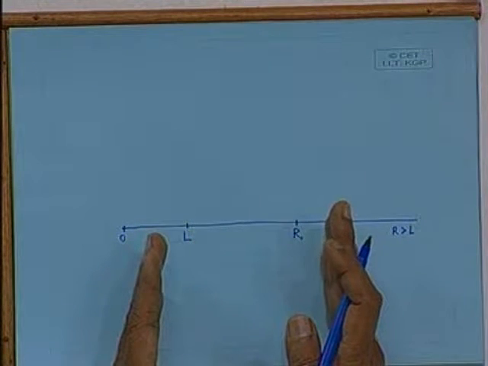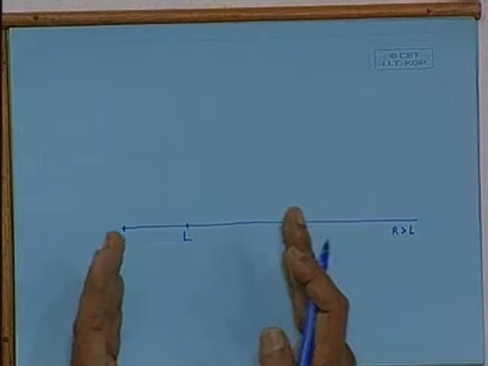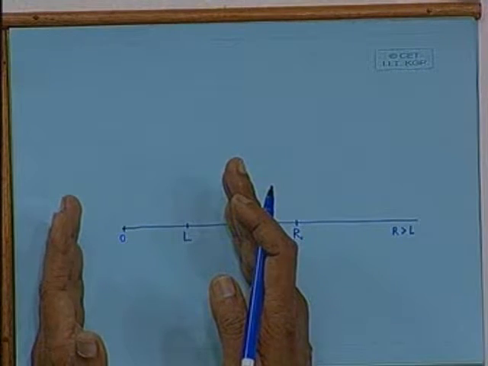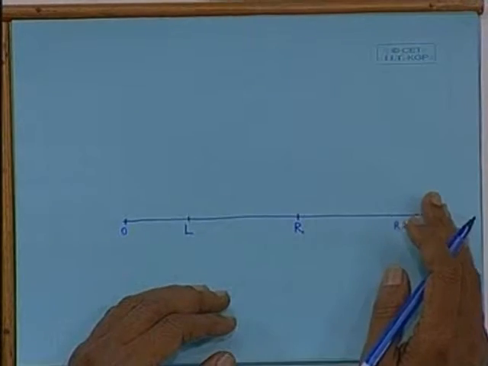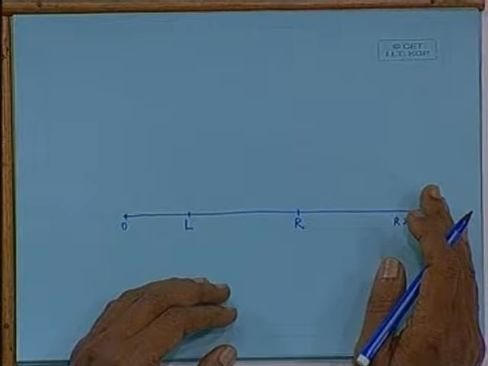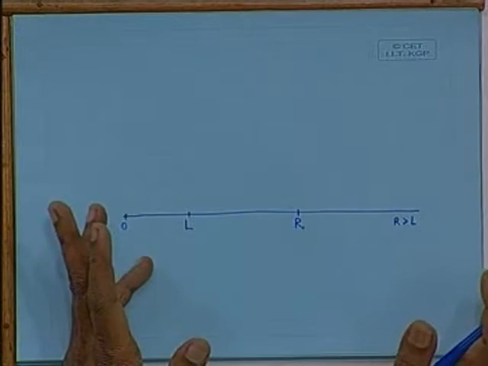Now, suppose you want to represent the variation of load with regard to time. How will you do it? How will you represent the variation of load with regard to time?